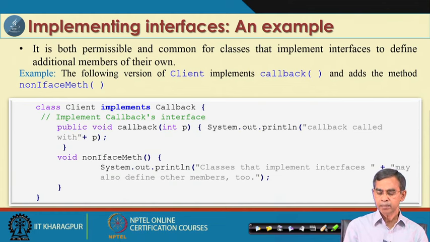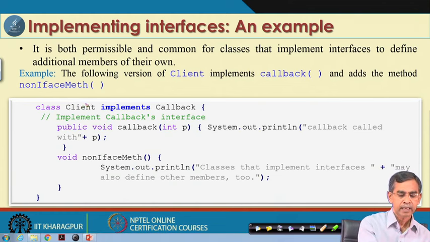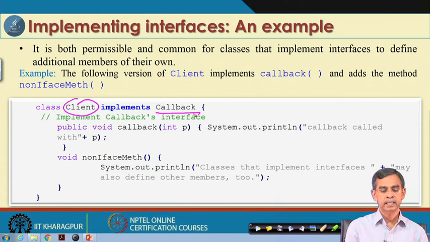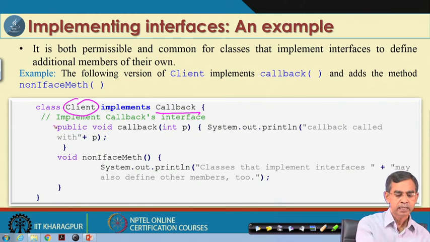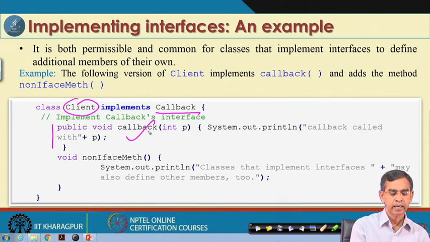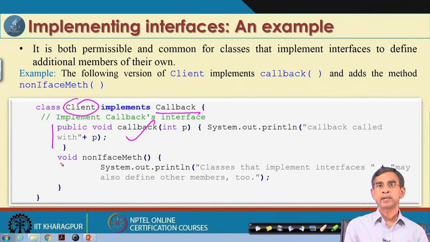Now, here is another example. Again, this is the class client which implements the callback. Callback is an interface here. So, this is the method that we have declared in the interface and implemented here, and at the same time the class which implements an interface may include its own methods as well, besides the methods that are overridden from the interface.